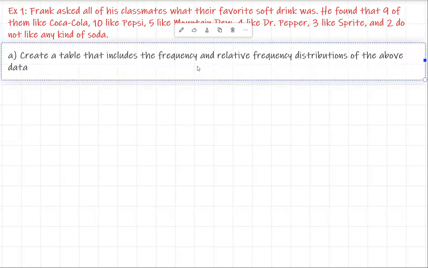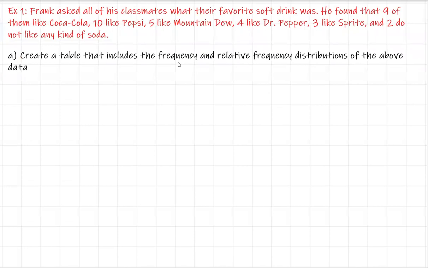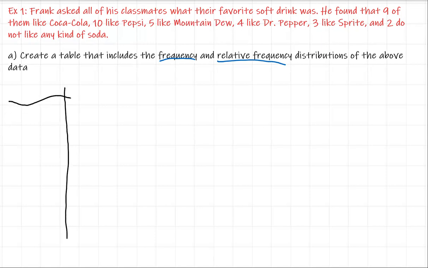So we're going to go ahead and make a table, and we're going to include both the frequency and the relative frequency. Whenever we do this, we're going to want to make sure we include 3 columns here.